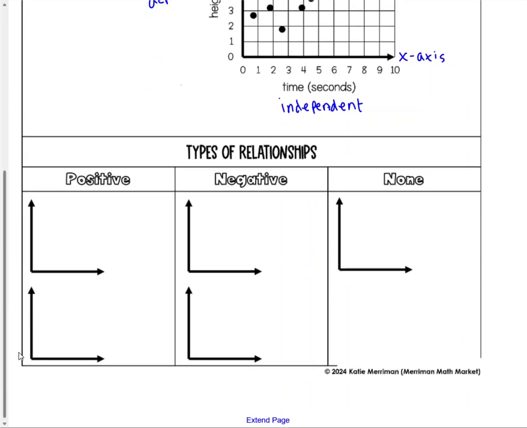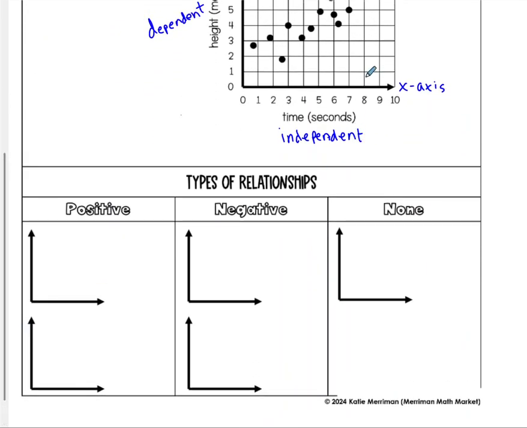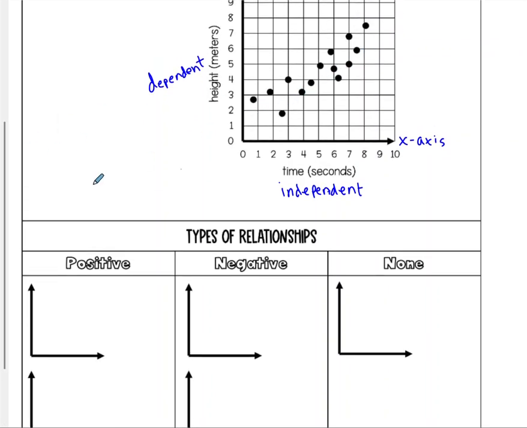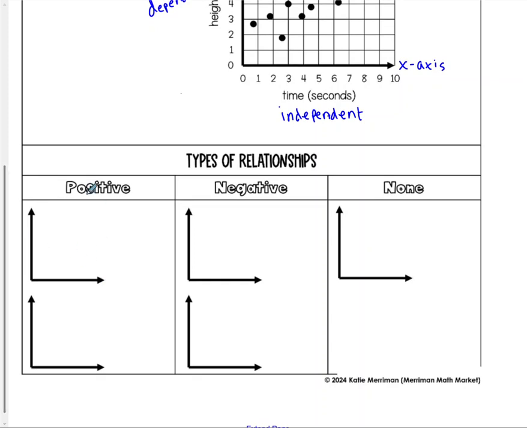Now there's a relationship that you can see on the scatter plot. In this case, you see that the points are all going up. So when you have points that trend all in one direction and then they just keep going, we call that a positive relationship.